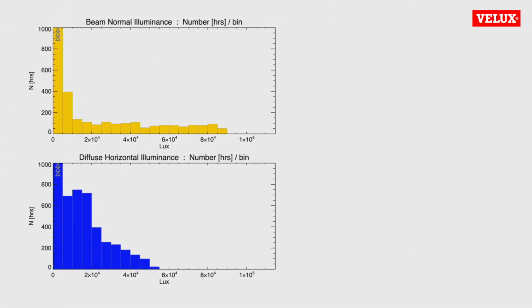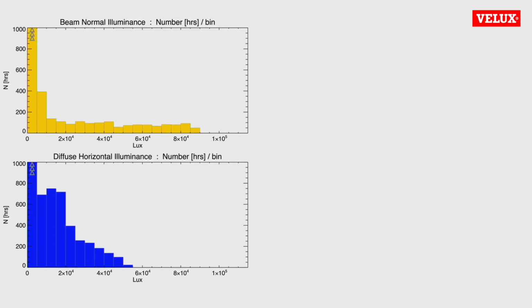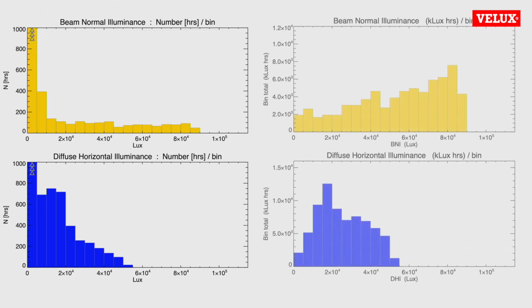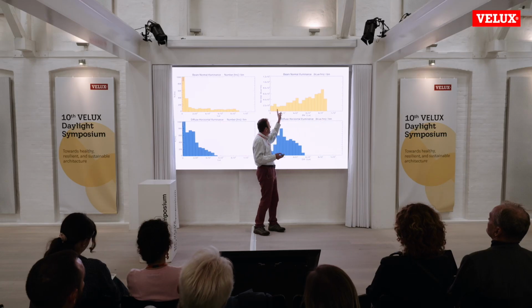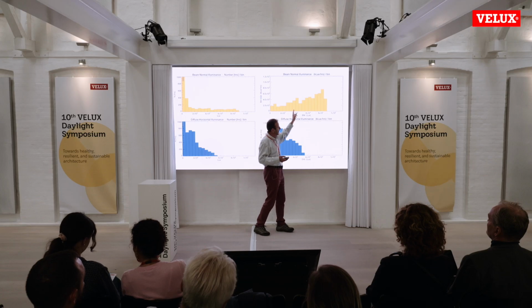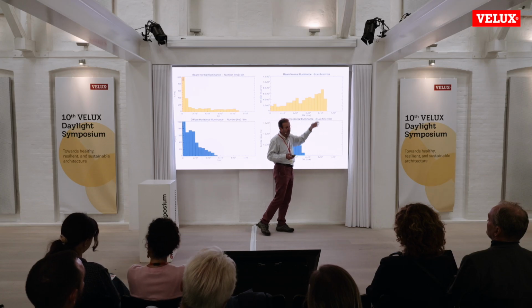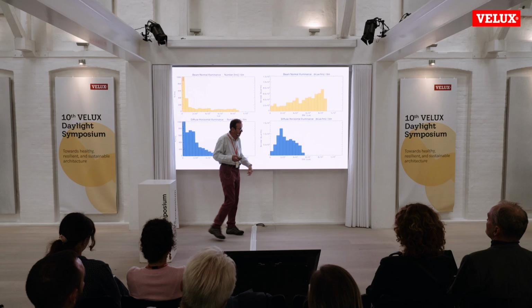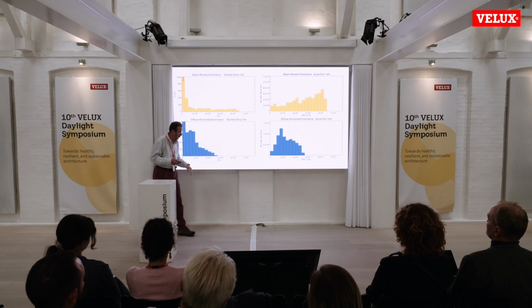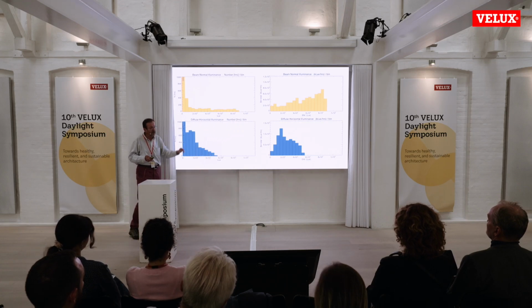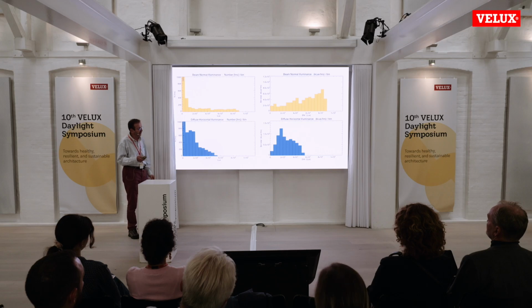We look at 2 sorts of distributions: just the number distribution, how many fall into those bins, and then actually the kilolux hours, because of course 1 hour difference here makes much more in the total of kilolux hours than here. So this kilolux hours distribution is like the total amount of light energy, if you will. So we look at those 2 ways of showing distributions.